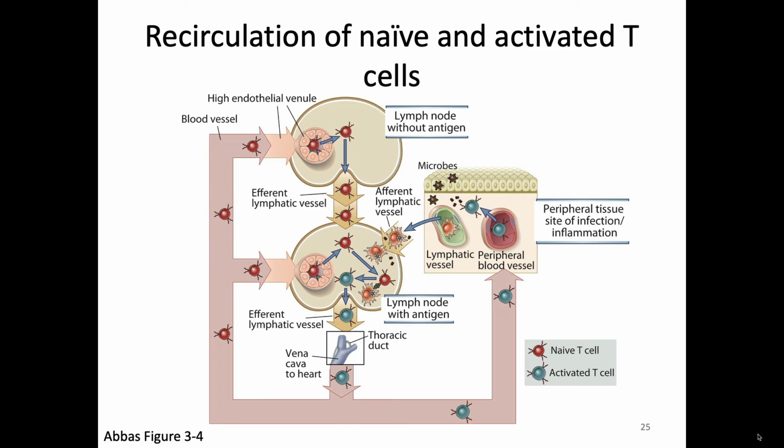I'm going to talk through the details of that naive T cell going to the secondary lymphoid organ first, and then we'll do a compare and contrast with the activated T cell going to the site of infection.